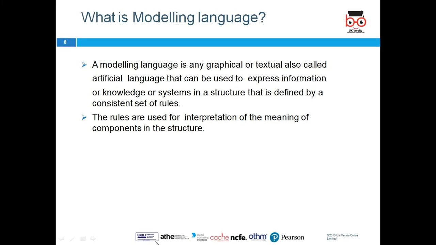So, any graphical way of representing things, or a textual kind of thing, like shorthand. Have you heard about shorthand and stenographer language? No. Like some clerks in offices, or news reporters.